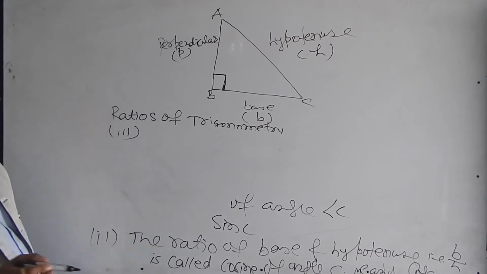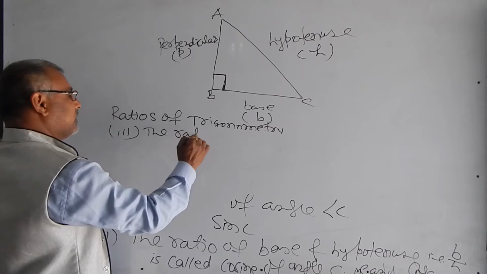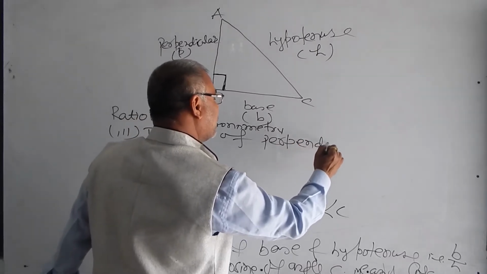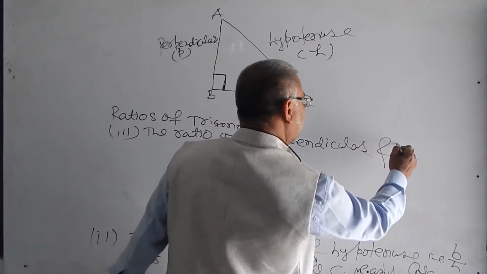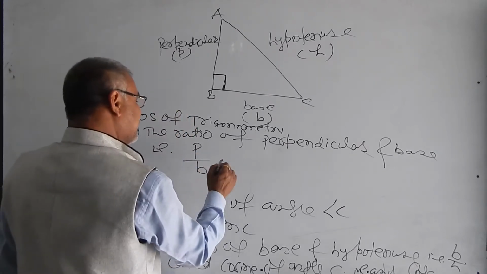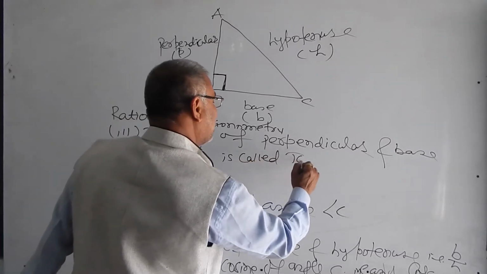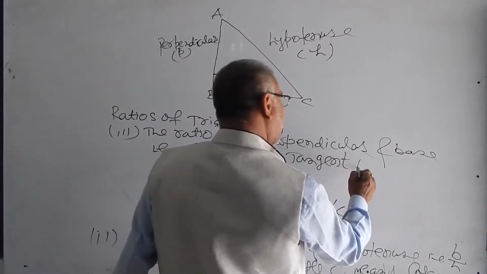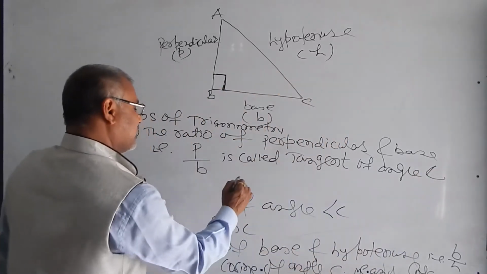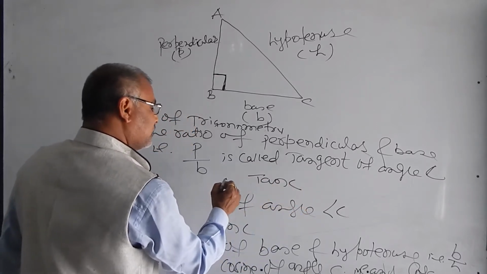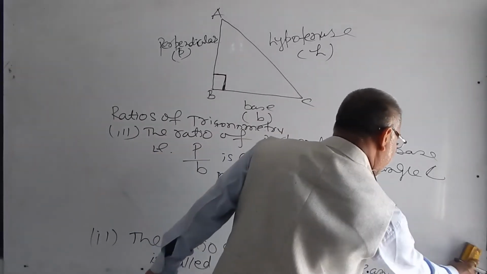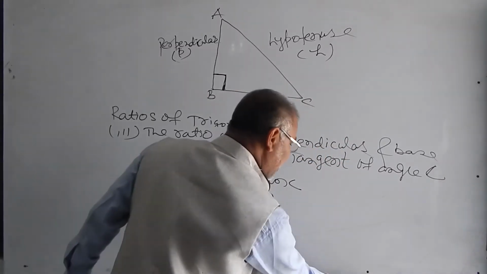Thirdly, the ratio of perpendicular and base, that is perpendicular by base, is called tangent of angle C, tan C. And thus we always take the base angle when we take the ratios.